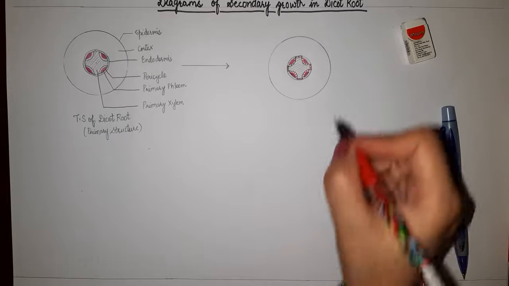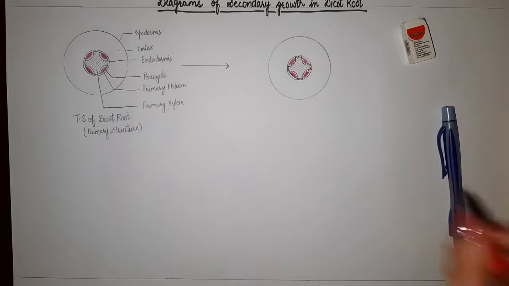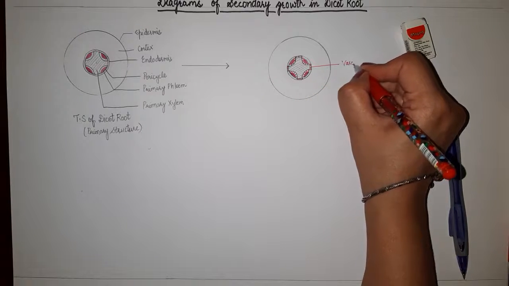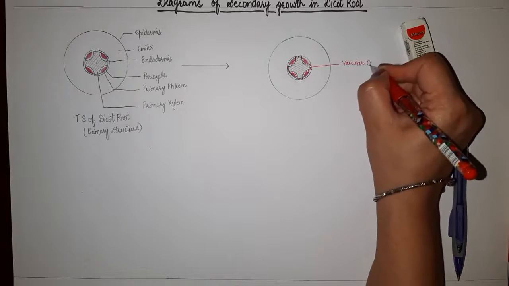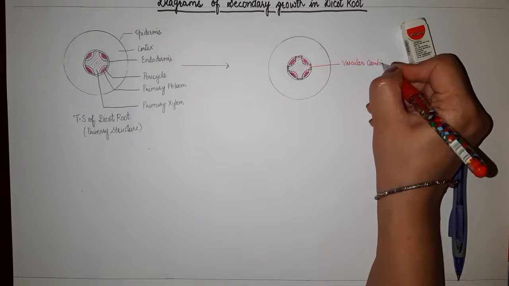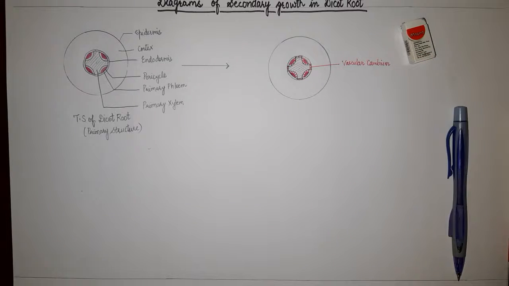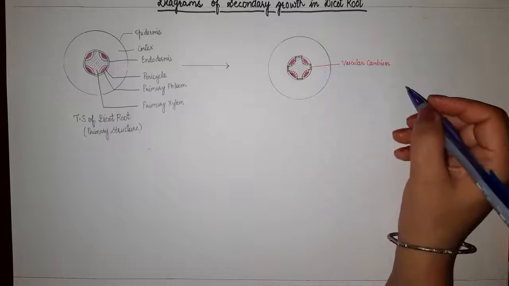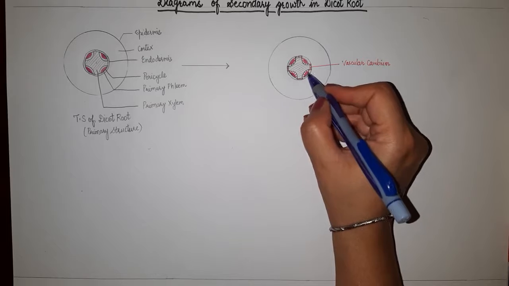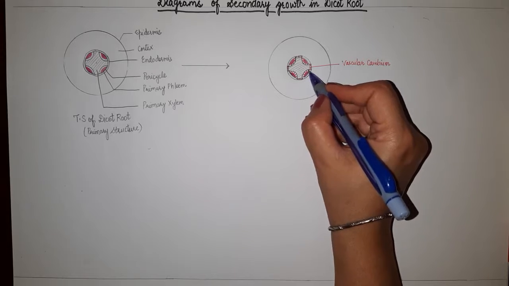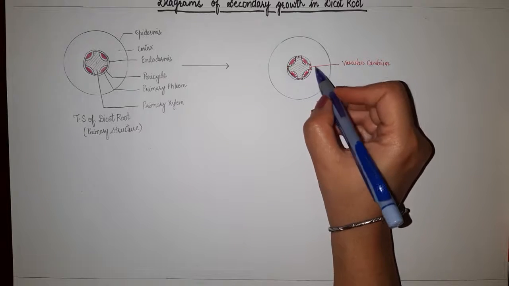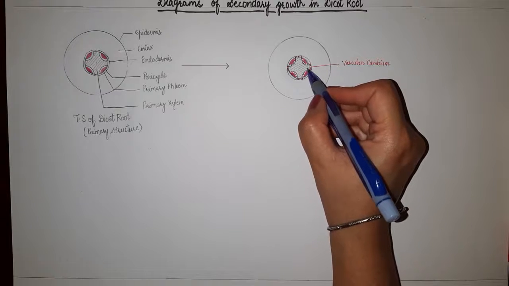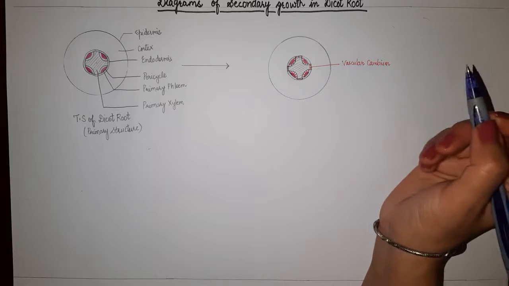With the vertical lines, I have denoted the area which represents vascular cambium. So the rest of the things are the same. The vascular cambium develops from the region of conjunctive parenchyma, and the other is the region of pericycle present just opposite to protoxylem.